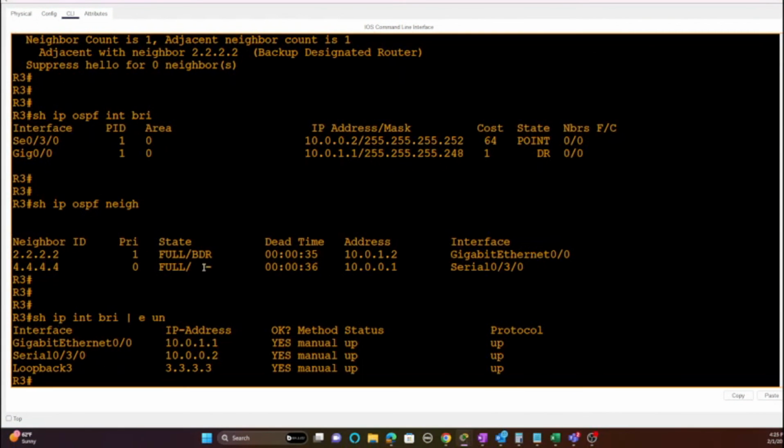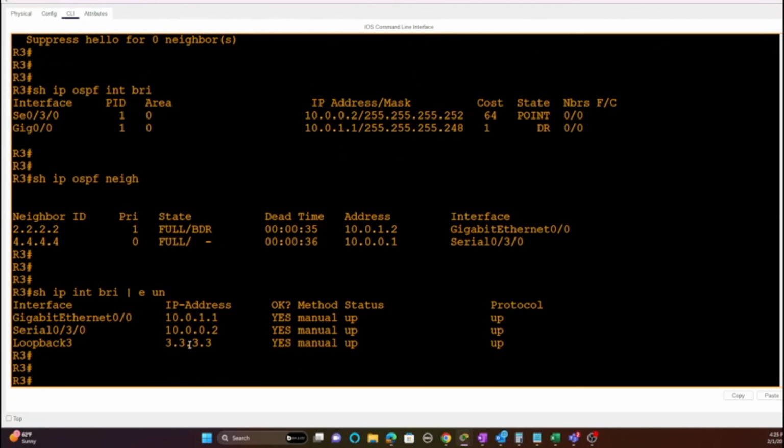By default, OSPF says, hey, do you have a loopback interface? And this router does. Then it says, what's the IP address on that loopback interface? If there's more than one loopback interface, it's going to pick the one with the highest IP address, meaning if it was 10, it would pick that because 10 is bigger than 3.